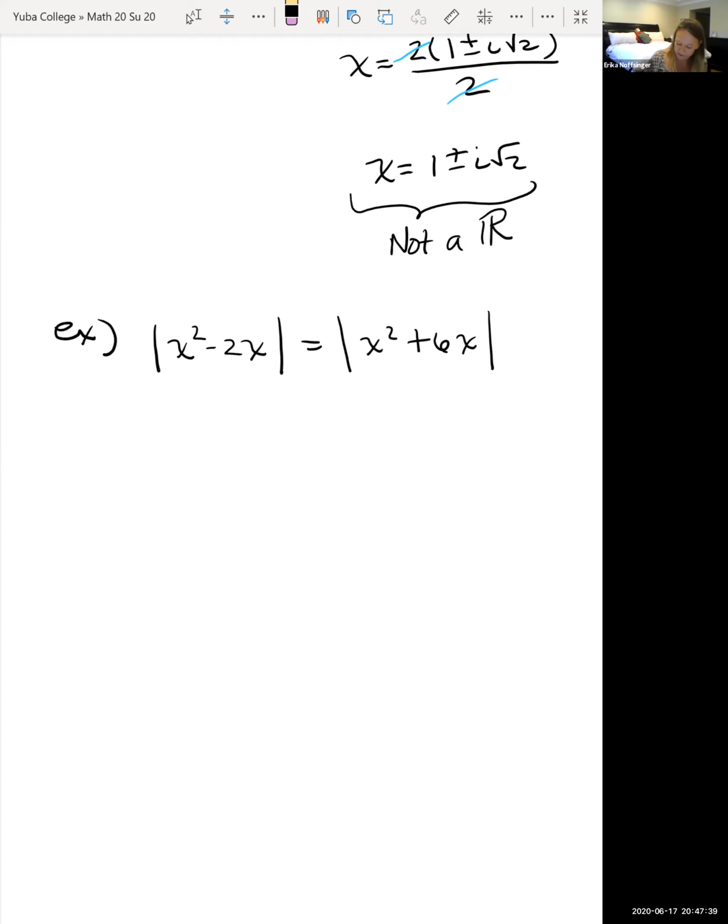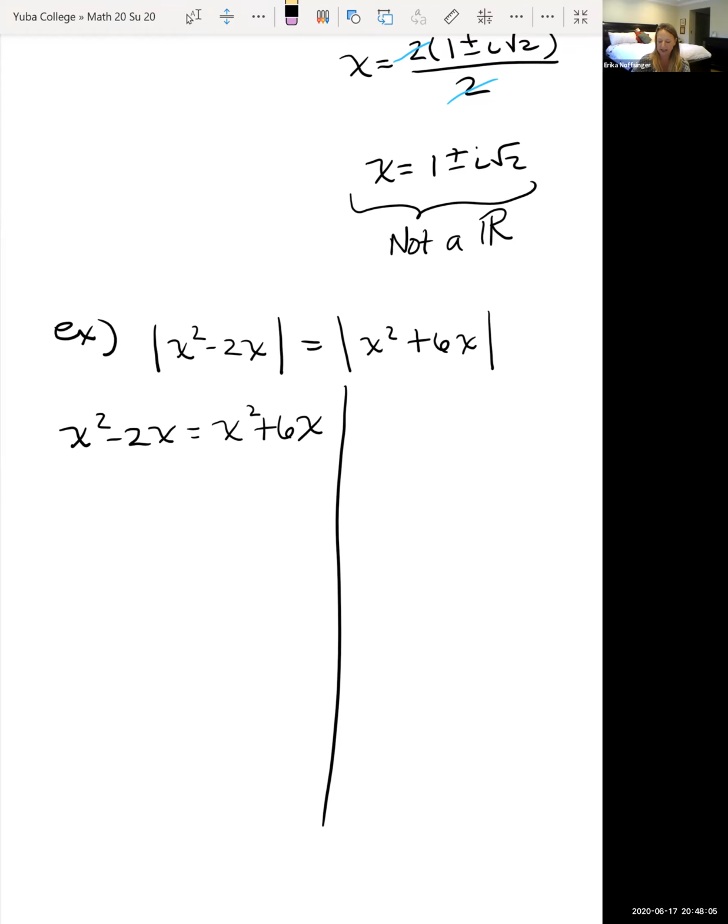So one way that we can find the answer is x squared minus 2x has to equal the same thing over here, x squared plus 6x. If that value of x works and makes that a true statement, then the absolute value of those things would make a true statement. But also the negative of one of these.